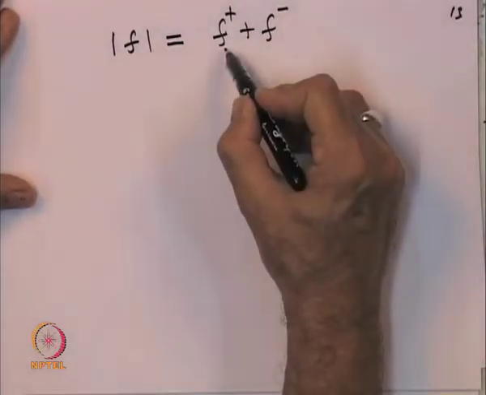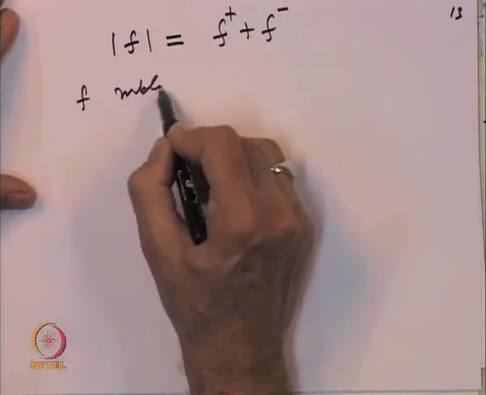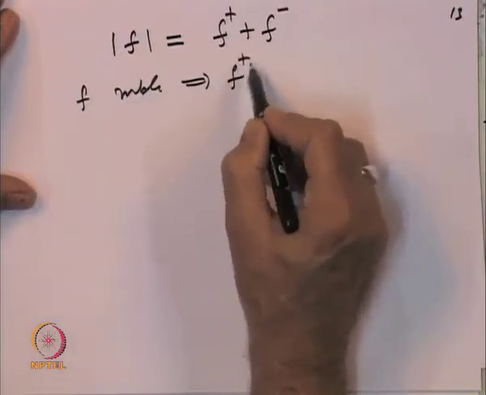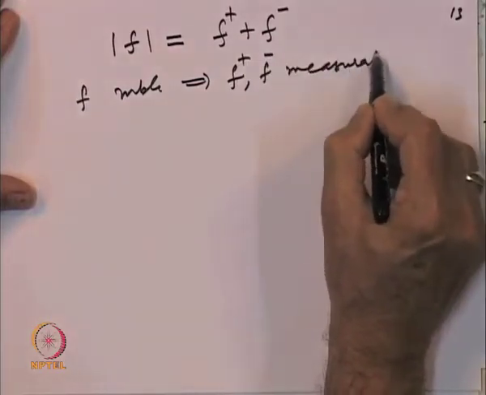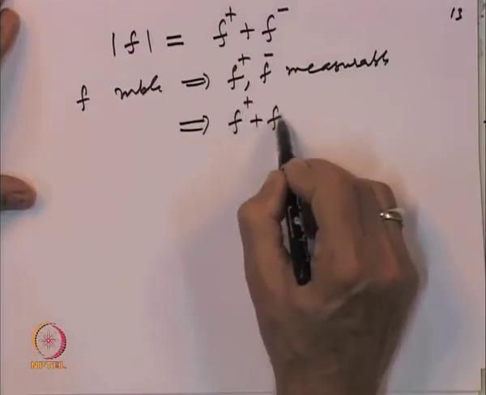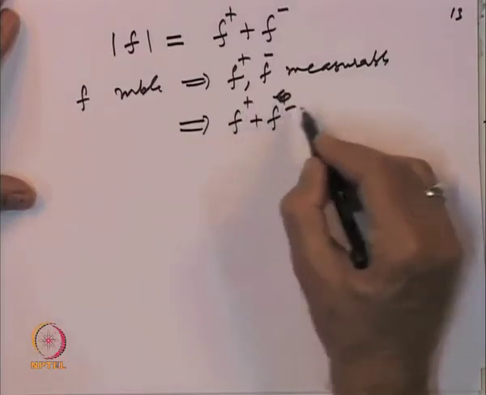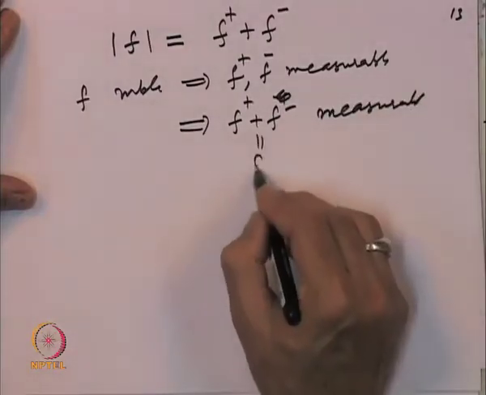This is the positive part of the function, this is the negative part of the function. f measurable implies both f plus and f minus are measurable, implies f plus plus f minus is measurable, and this is precisely mod f.